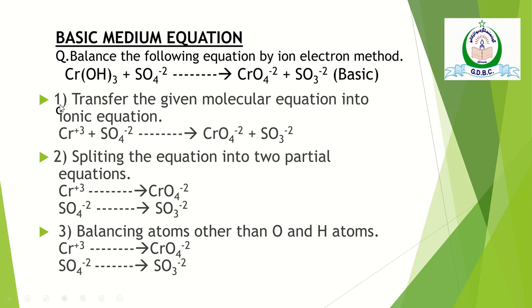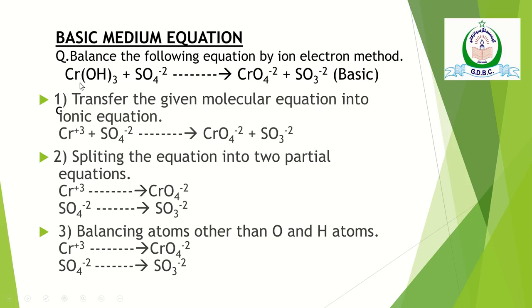Here, in order to start from the first step, which is to transfer the given molecular equation into an ionic equation, we need to break this molecule, that is the ionic compound, into its ions.